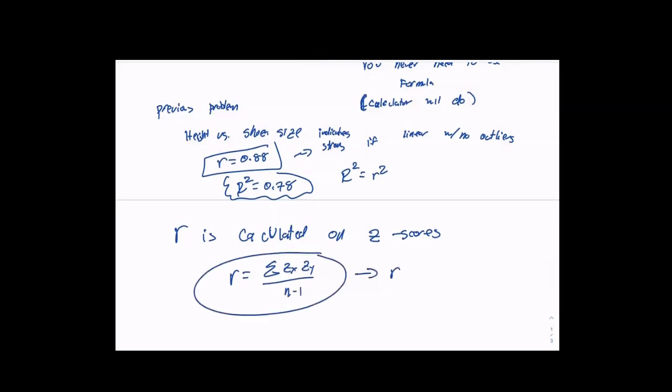I could have written this as R equals the summation of zy times zx over n minus 1. And if I multiply zx times zy or zy times zx, I get the same thing. 5 times 2 is 2 times 5.